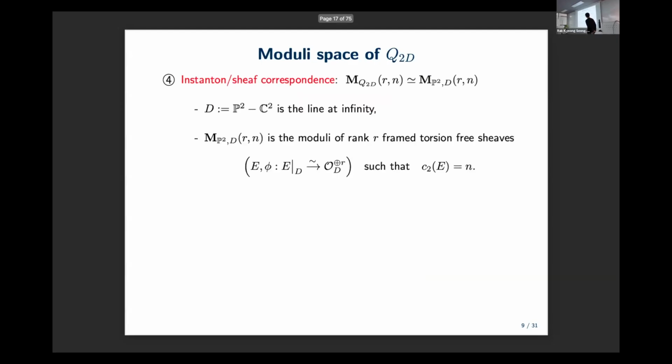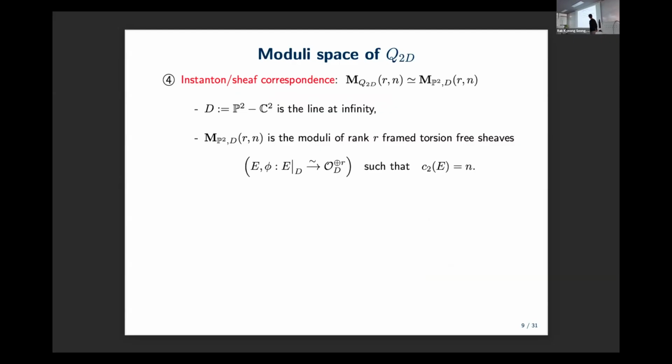And lastly, we have the instanton sheaf correspondence. On the left-hand side, we have the quiver moduli of the quiver representations I just explained. On the right-hand side, we have a purely algebro-geometric object, namely the moduli of framed sheaves on P2. What does that mean? We consider P2 as a compactification of C2, so its complement is the boundary, which is a line at infinity. This moduli space parameterizes tuples of E and phi.